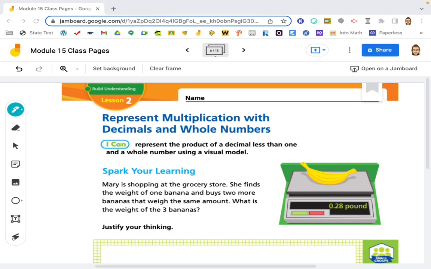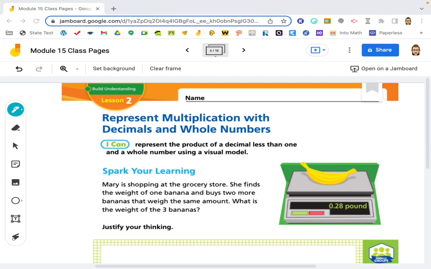So it says in the Spark Your Learning, Mary is shopping at the grocery store. She finds the weight of 1 banana and buys 2 more bananas that weigh the same amount. What is the weight of 3 bananas? Justify your thinking.